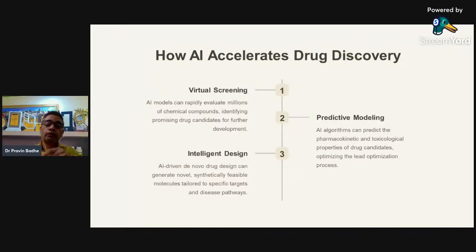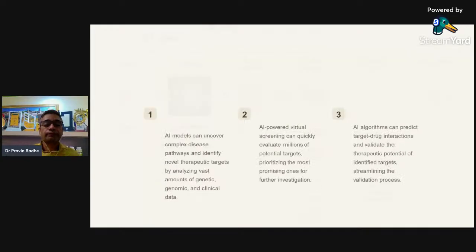Based on that, we made sure that combinations of small molecules from plants could be developed into a formulation which can target different proteins from that pathway. This is possible due to AI.